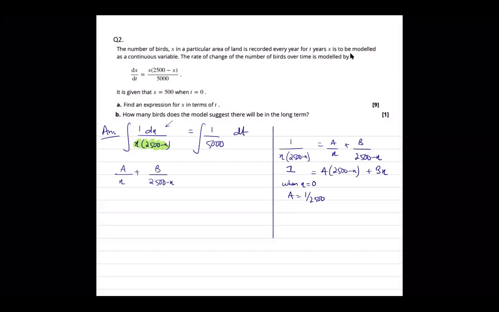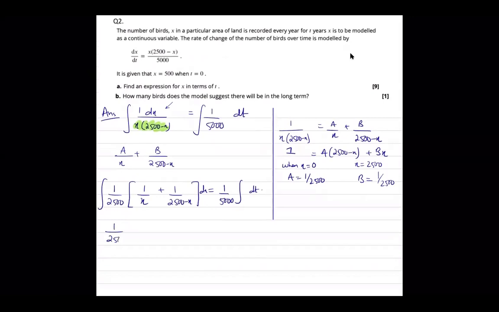Yeah, I got that. When x is 2500, b comes out to be 1 upon 2500. So I can take 1 upon 2500 common out, and I'm going to get 1 upon x plus 1 upon 2500 minus x is equal to 1 upon 5000 integration of dt.